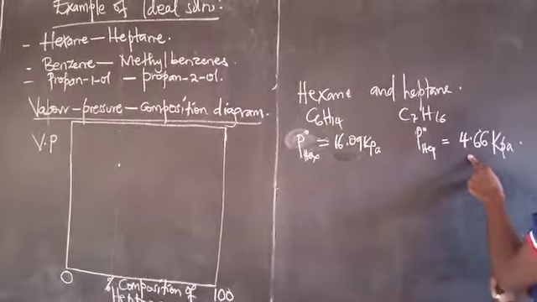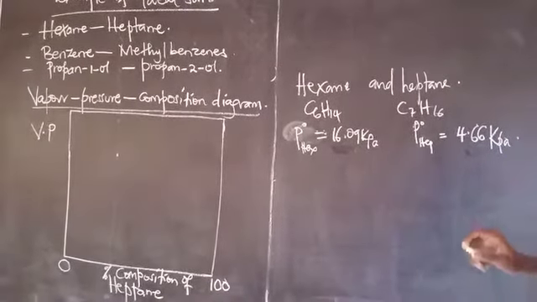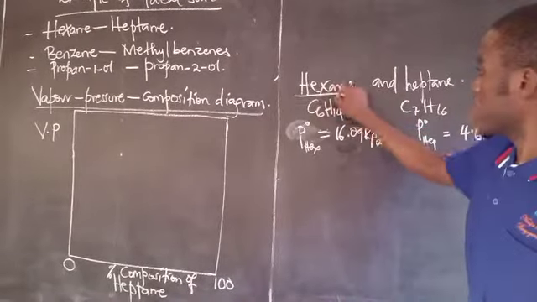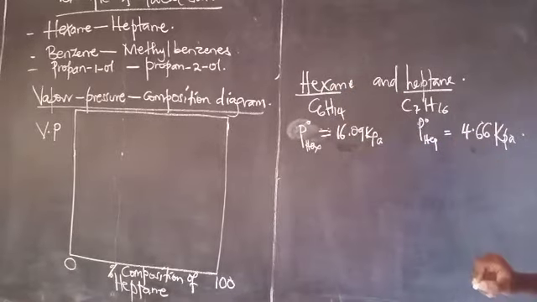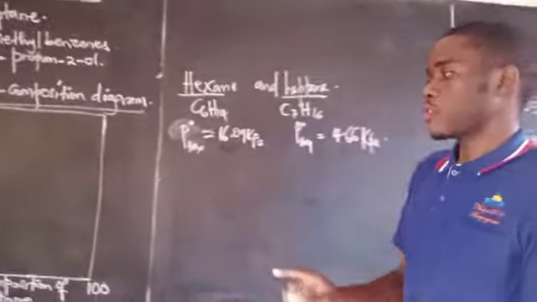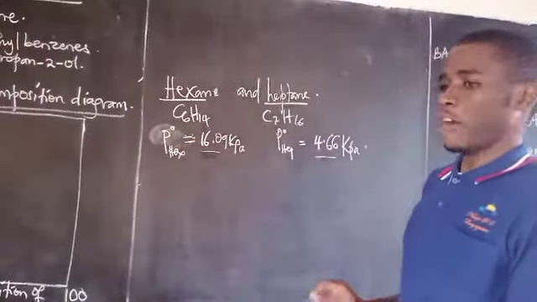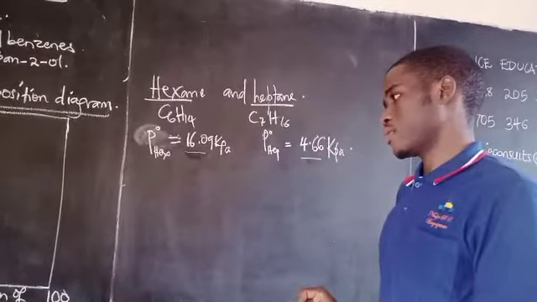So, it means that when I have a solution of hexane and heptane at any composition, they must be able to vaporize, because at least both of them are volatile to some extent.